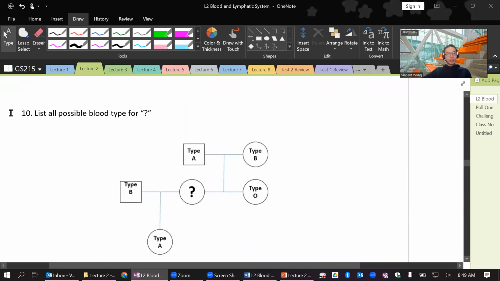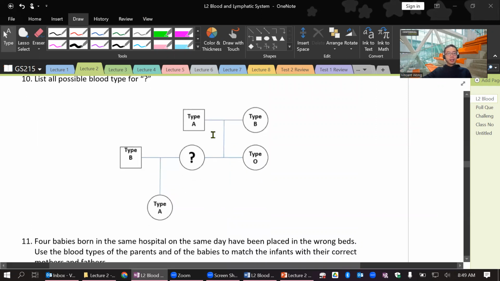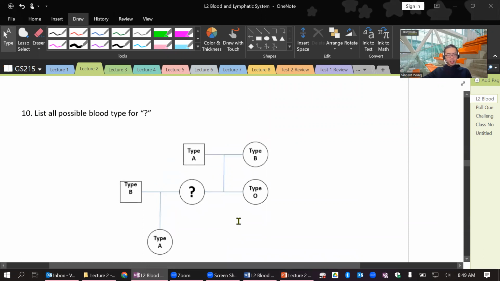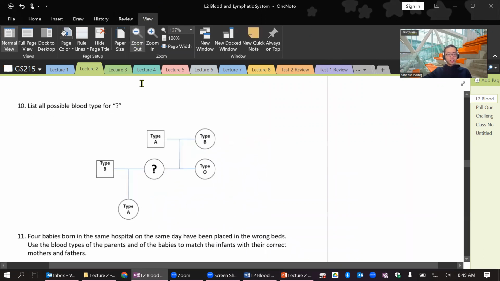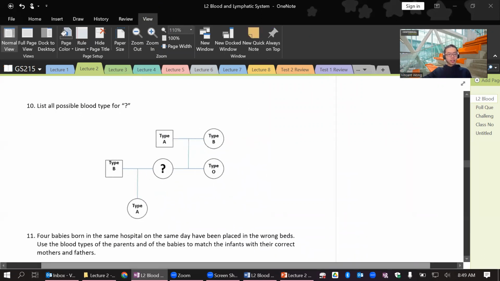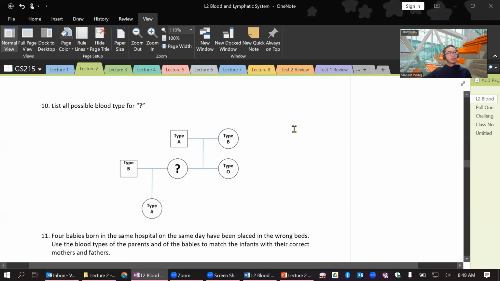There's a Punnett square, a pedigree here. Has anybody tried this and want to share their answer? Just curious. If you haven't done it, that's okay. We'll take it up. But yeah, I did this. Yeah, do you have an answer? Yeah, I got two possible blood types, which is IA-IB and IA small i. Okay, thank you.